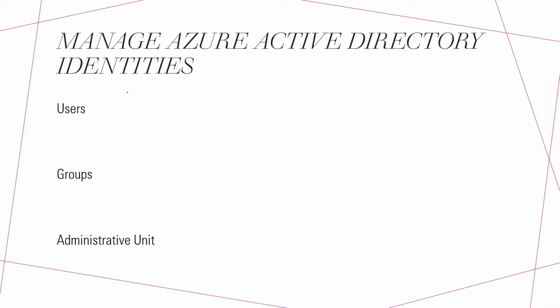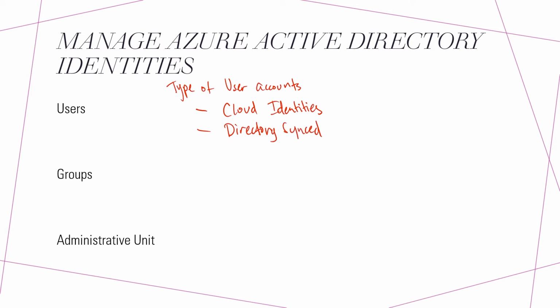The first type of user account that you can create within Azure AD is cloud identities. You have directory synced identities, and we have a guest user account. Now, what is the difference between these 3 types of accounts?